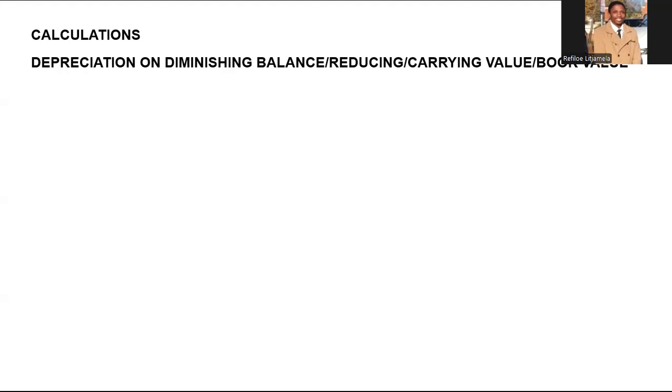So under the diminishing balance method, to get depreciation, you take the carrying value of the asset, you multiply it by the depreciation rate, and then you multiply by the number of months over which you used the asset divided by 12. The reason why you divide by 12 is because your depreciation will always be per annum, so it's for the whole year.